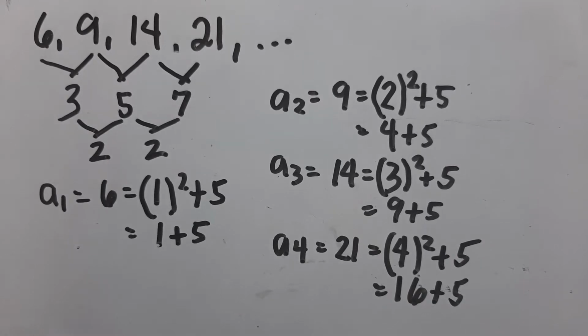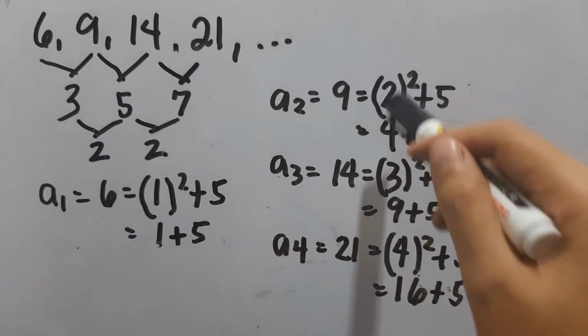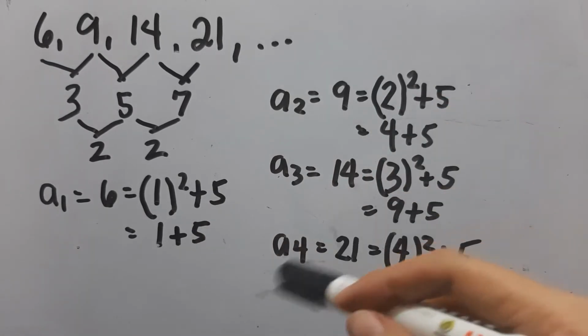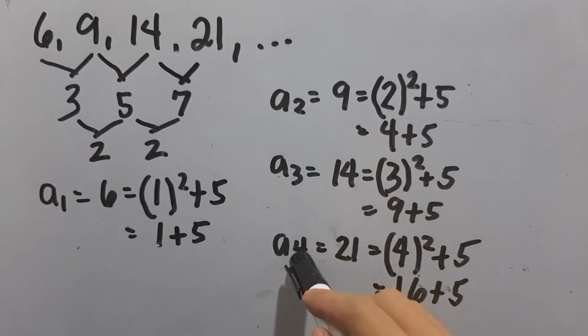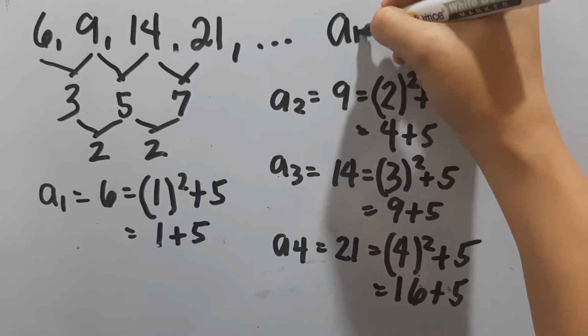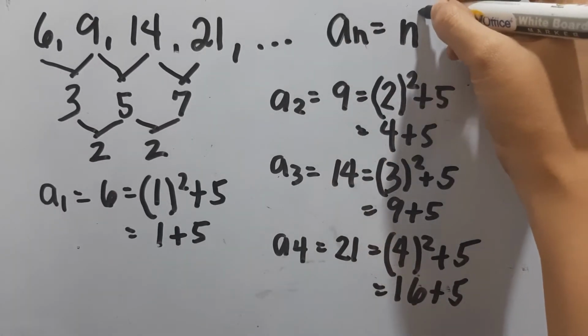So, tingnan niyo maigi. May napapansin ba kayong pareho sa mga nilagay ko dito? Okay, very good. Yung kanilang subscript, yung maliliit na number nito, is being squared. So, ibig sabihin, a sub n, si n yung maliit na number, so siya yung ating i-square dito.